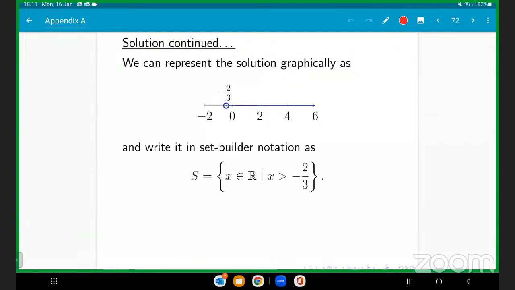And another way to represent this solution set is by using set builder notation. So we can say that S is the set of solutions to the inequality. It is described by all real numbers x, such that x is strictly greater than minus 2 over 3.